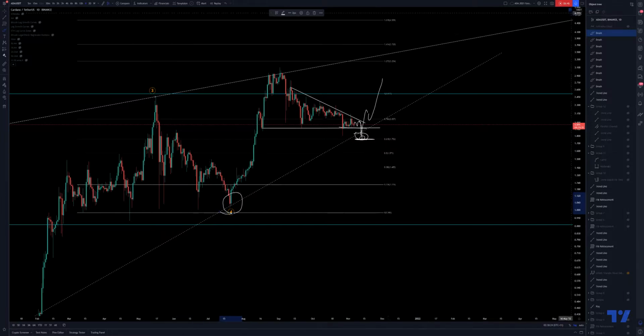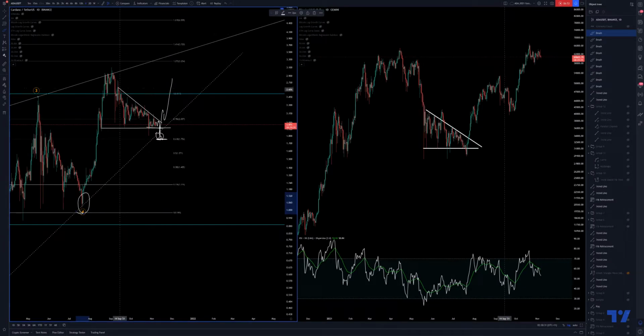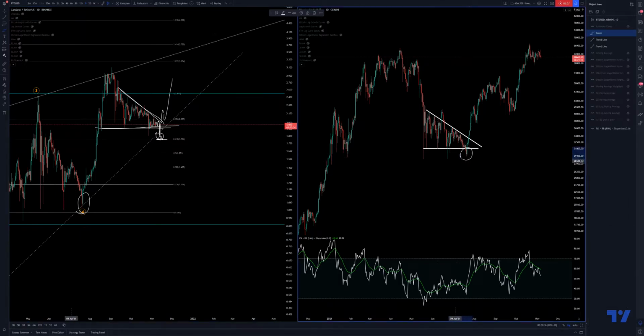That one is not the case, but actually, here's the one I was thinking of. I just remembered now: Bitcoin. If you have this scenario that I was talking about, very similar, a wick to the bottom, although this was previous support, it gets a very, very violent bullish move.